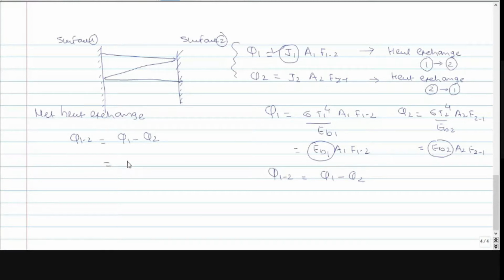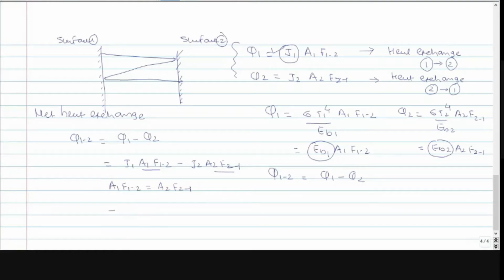So we write this as J1 into A1 F12 minus J2 into A2 F21. Now we know the reciprocity theorem: A1 F12 equals A2 F21. So these terms have the same value.